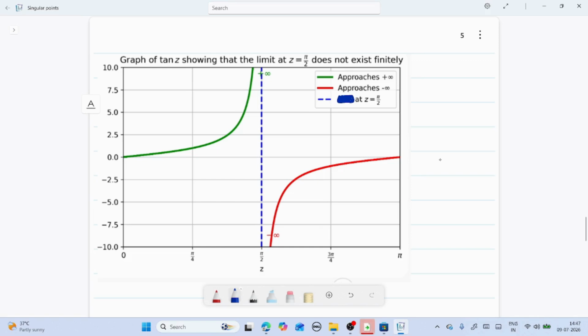You can see the red lines and the green line. Both the curves are approaching infinity from both ends. And at z equal to pi by 2, you can see the vertical line going to infinity on both ends. So there is no hole on this vertical line, letting us know that these isolated singular points are not removable singular points.